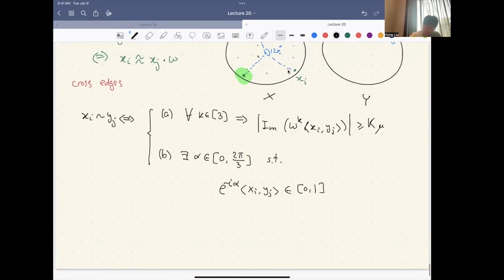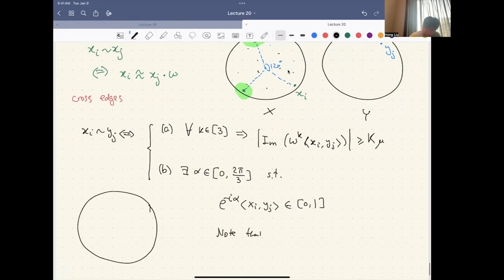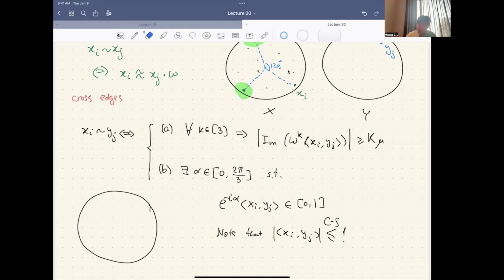Let me draw a picture. First of all, note that for any i and j, the norm of the inner product is at most the norm of xi times the norm of yj by Cauchy-Schwarz, which is at most 1.